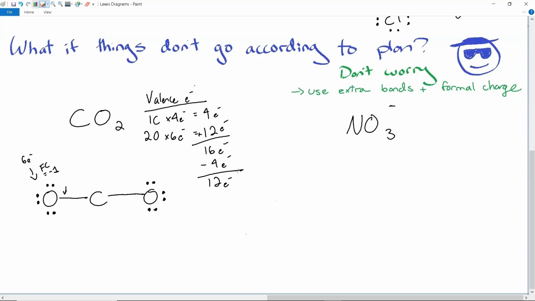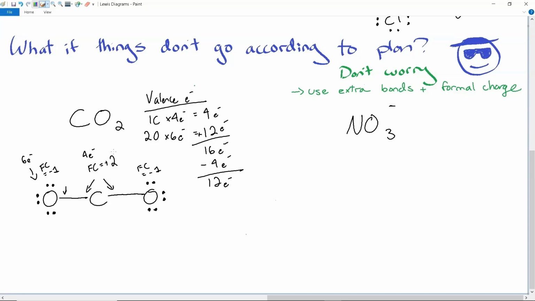So we have a formal charge of -1 on our oxygen on both sides. And if we look at carbon, carbon started with 4 electrons, but it's only showing 1 electron here and 1 electron here, meaning that we're missing 2 electrons, thus giving it a charge of +2.